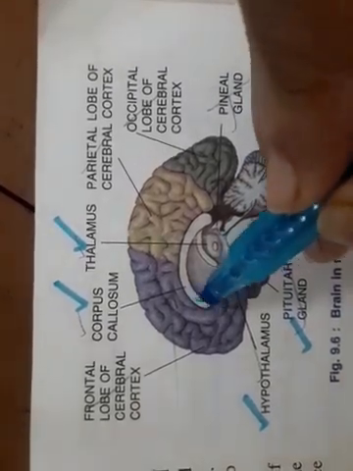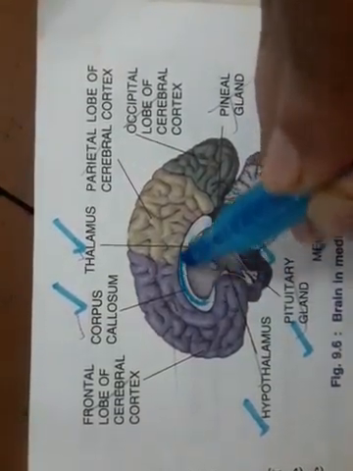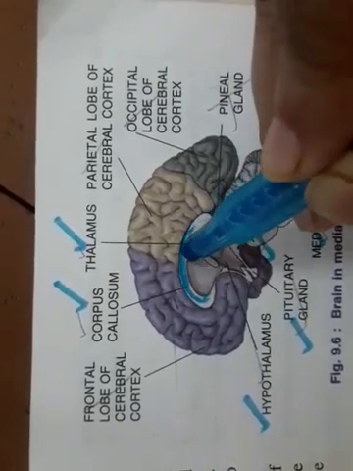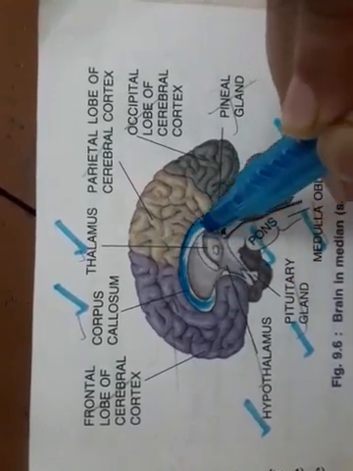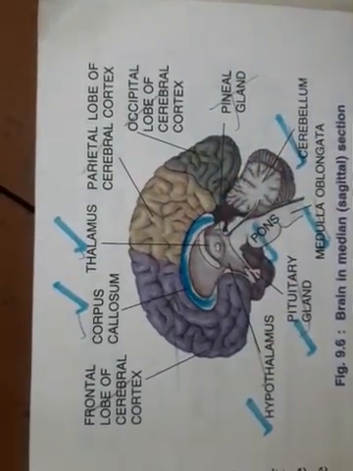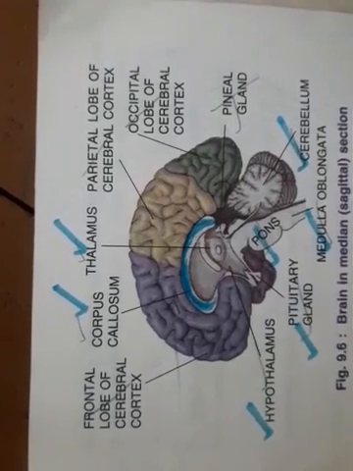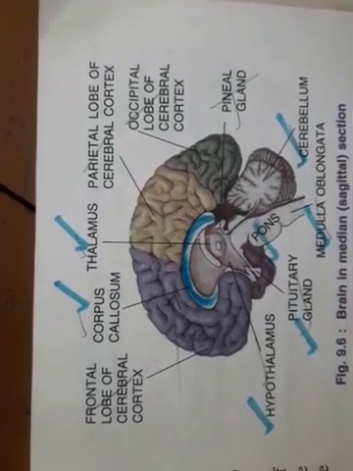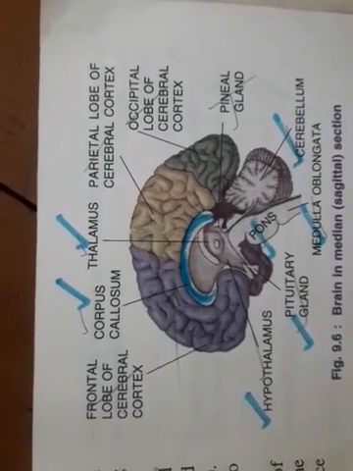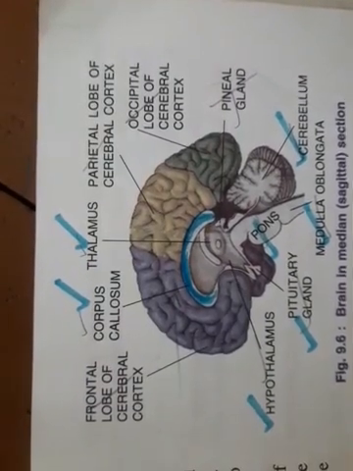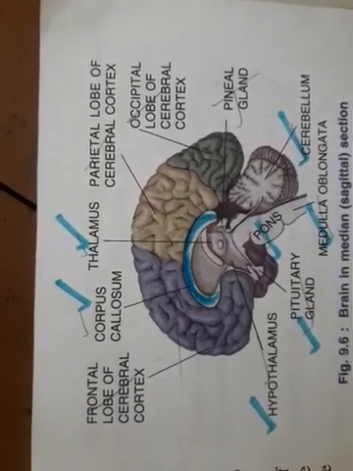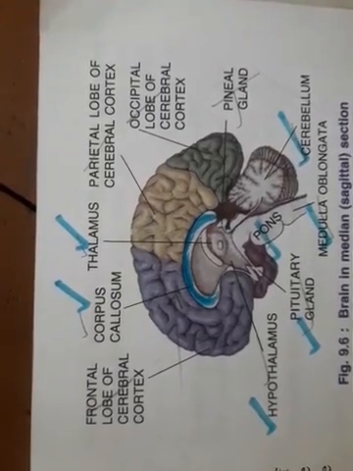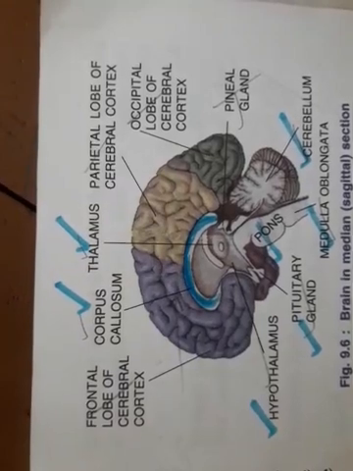Now, the right and the left cerebral hemispheres are joined by a transverse sheet of fibers. This is called corpus callosum. Function of corpus callosum: to transfer information from one hemisphere of cerebrum to the other. Clear? So here you have the location and the function of corpus callosum.